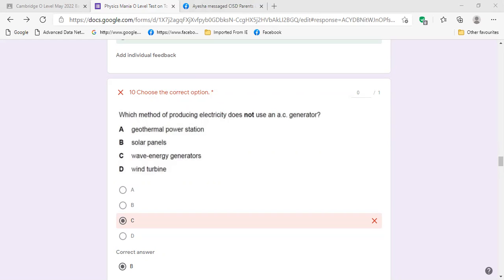So we know that in any sort of electricity generation related to a turbine or generator, to produce electricity, like wind turbine, wave energy generators, and geothermal power station, all of them use an AC generator, because their process of electricity generation is by moving the turbine, and the turbine involves the generator to produce electricity.